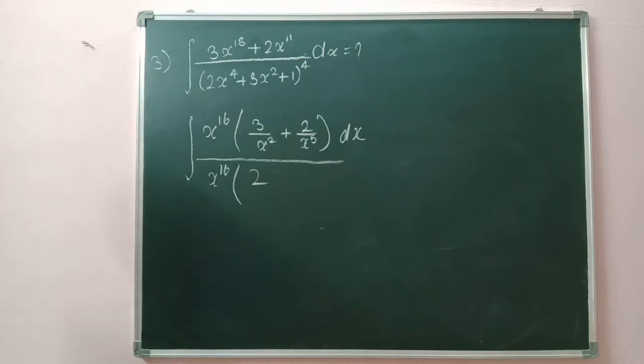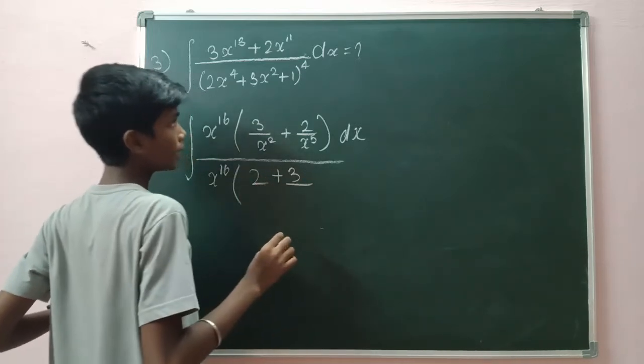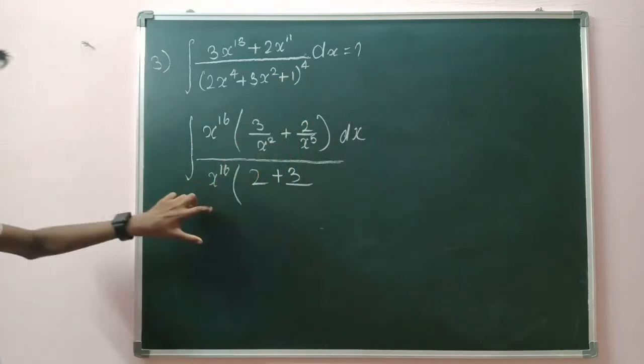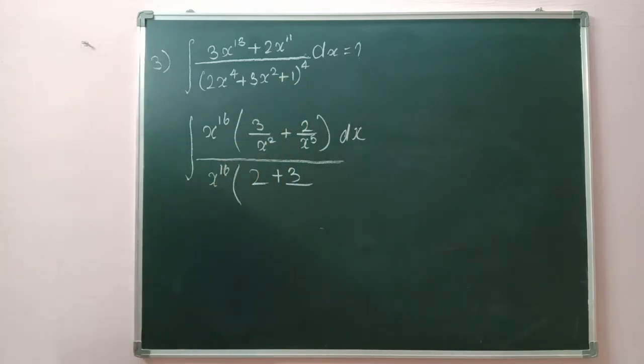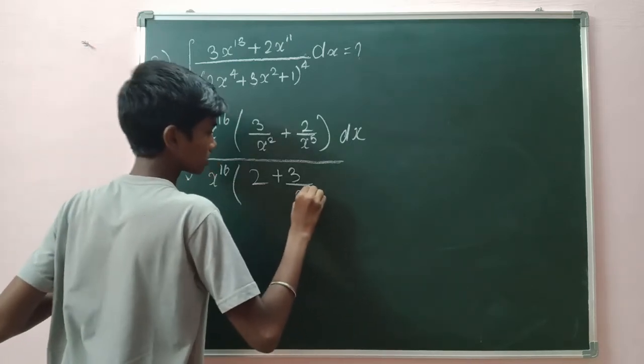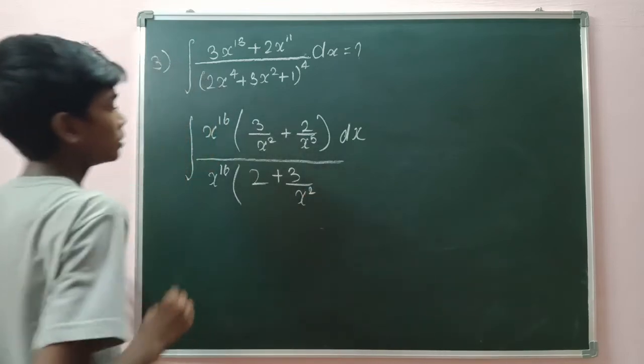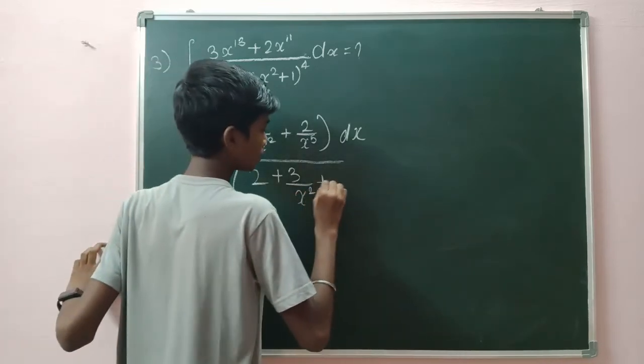Then plus 3 by x square, and I am having whole power 4, so that's why I am writing it like this. Then plus 1 by x power 4.